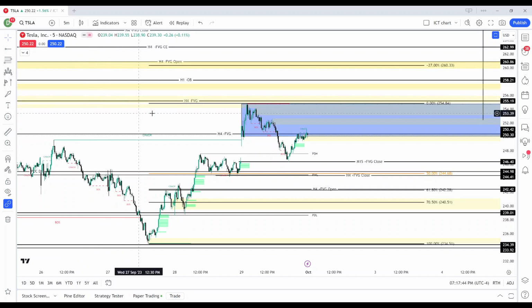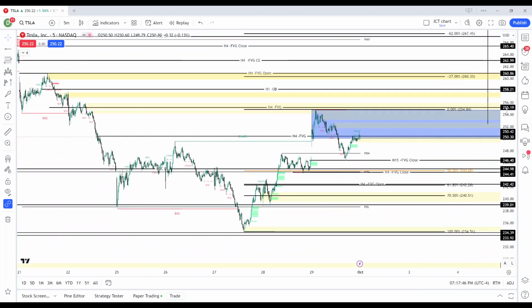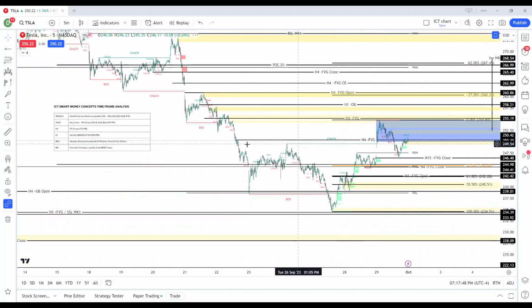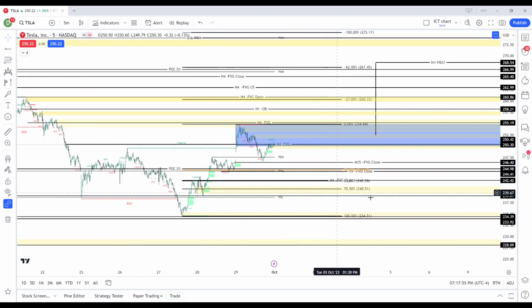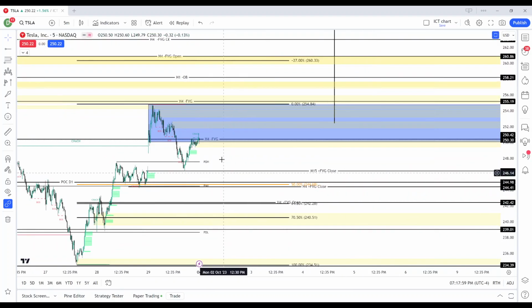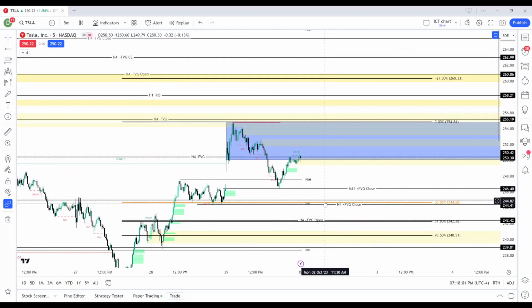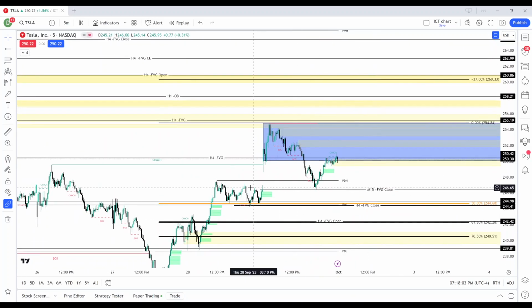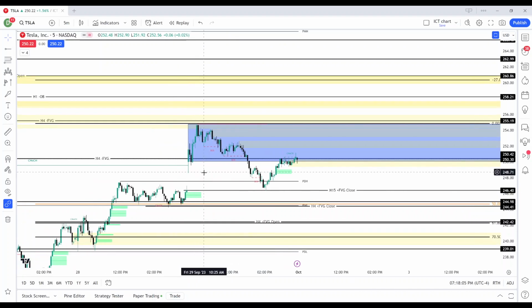Okay, what else do we look for on the 5-minute? Liquidity grabs, silver bullet trades. For those of you who know what silver bullet trades are, they happen during the beginning of the day. On a gap up day, you're not necessarily going to see the same setup.